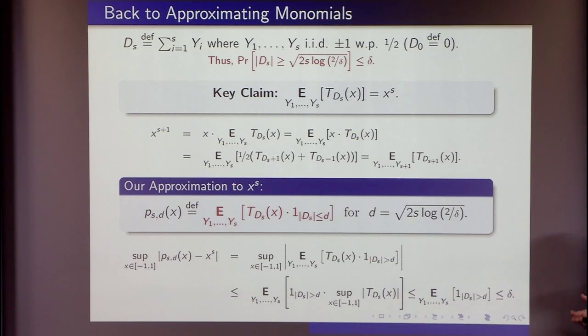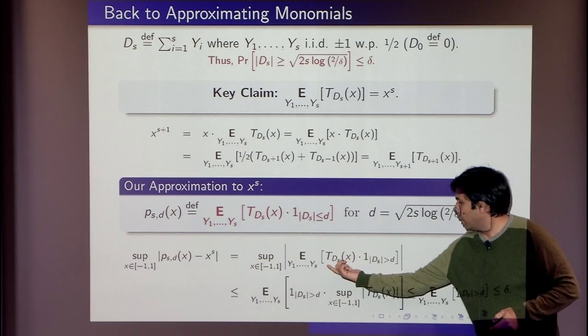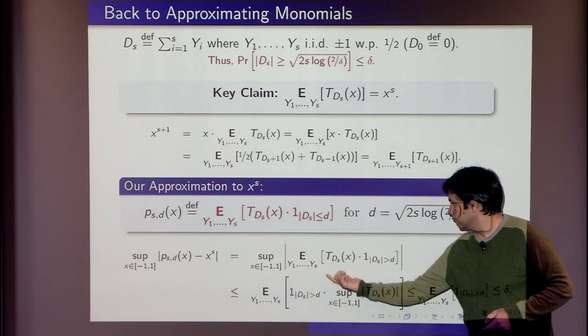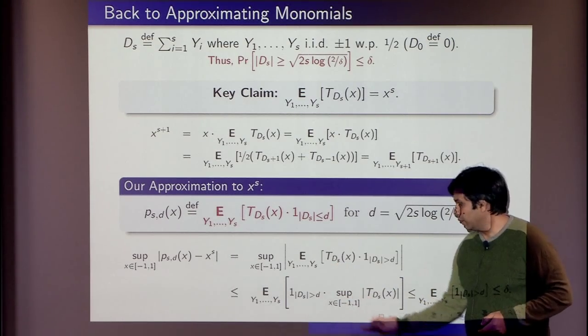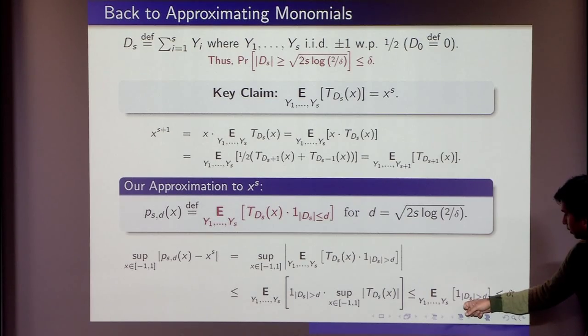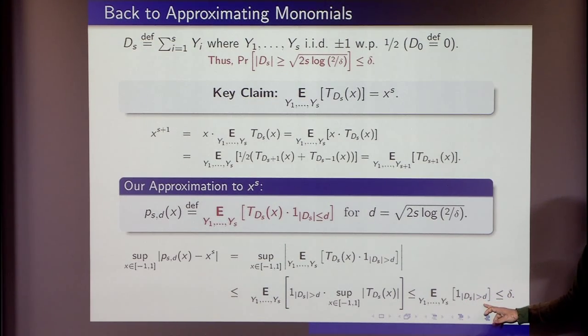And now I use the fact that these Chebyshev polynomials are bounded in minus 1, 1 by 1. So I can get rid of this thing completely. And so what I remain with is the expectation of the event that I go a distance more than d. But this is exactly the probability that I go a distance farther than d. But that by a choice of s is at most delta.